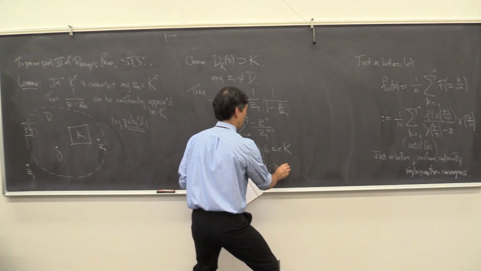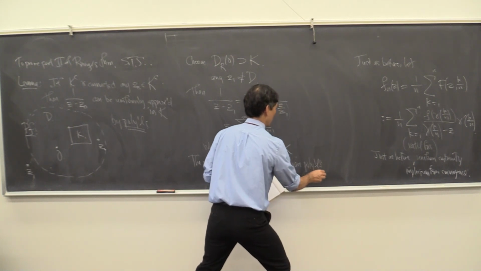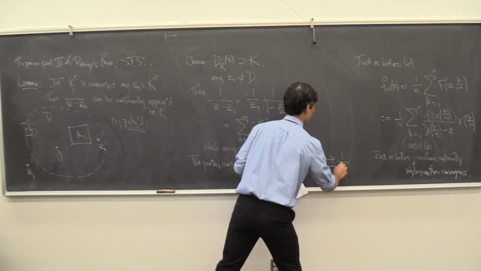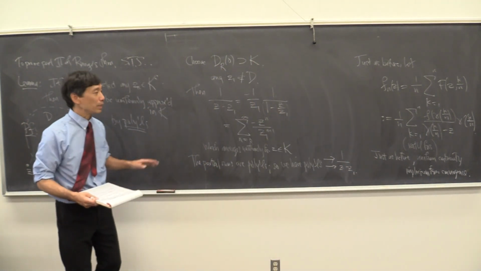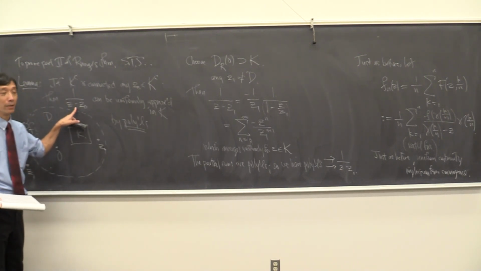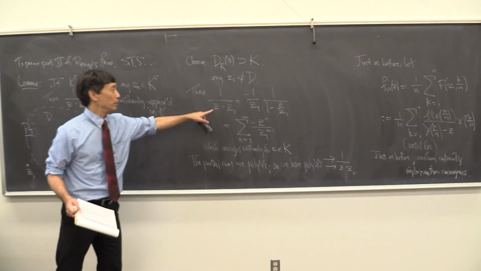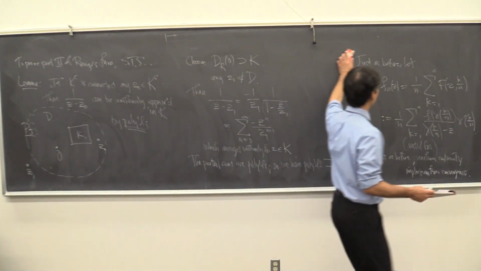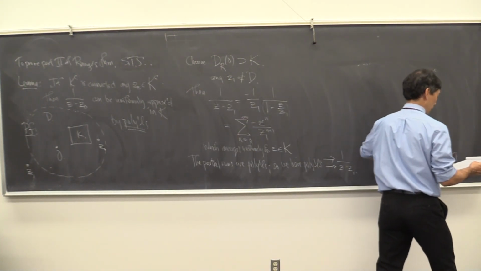So we have polynomials that converge uniformly to 1 over Z minus Z1. That's not what we wanted, right? We wanted polynomials that converge uniformly to this guy, but what we have is polynomials that converge uniformly to this guy. But that'll be good enough.